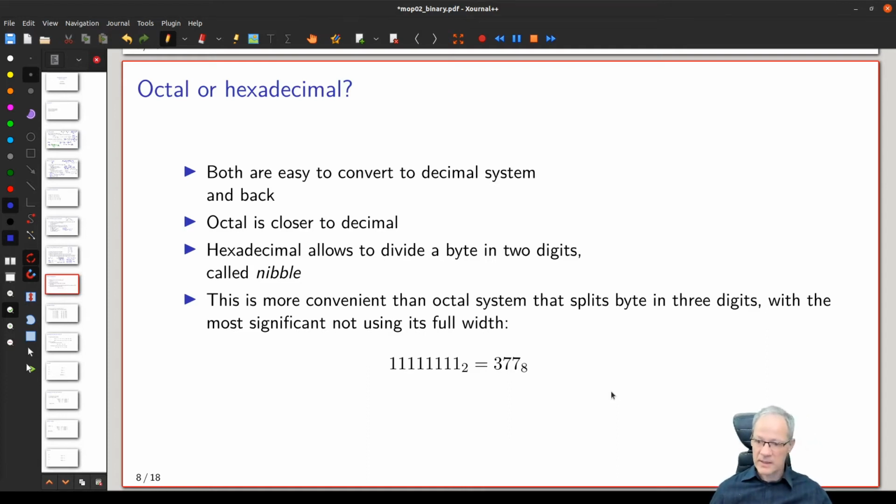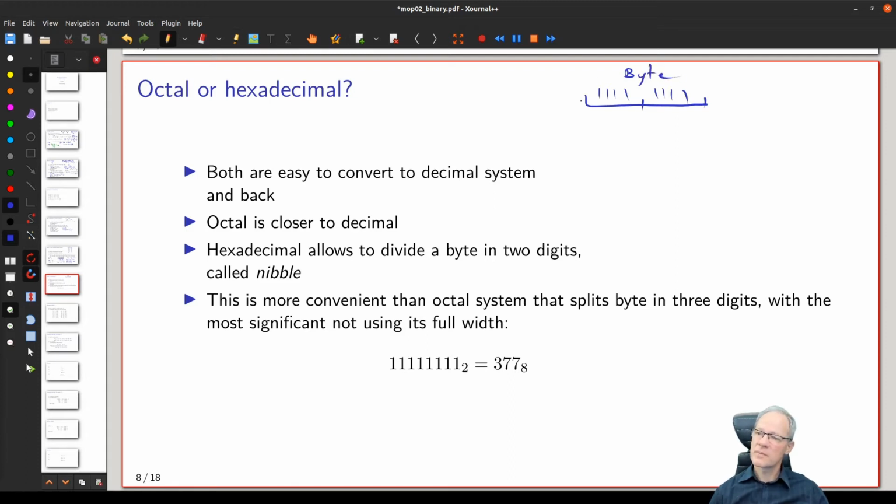But the problem with octal is that it converts 3 bits, while in computer systems we're usually dealing with bytes, which is 1111, 1111. This is a byte.